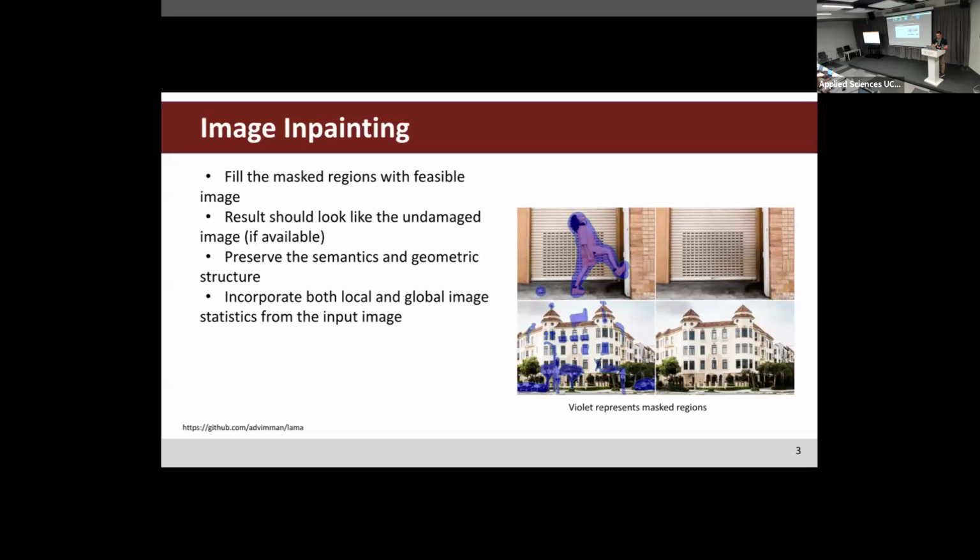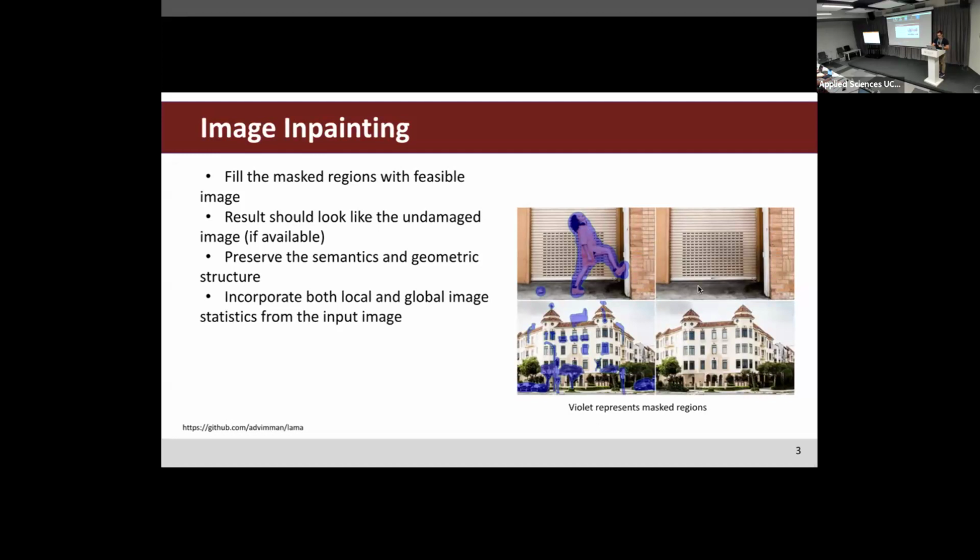And by feasible, it means the following: if ground truth is available, we want the result to be close to this image. Otherwise, results should preserve semantics and geometric structure of the output image, and it should incorporate both local and global image statistics from the input image.